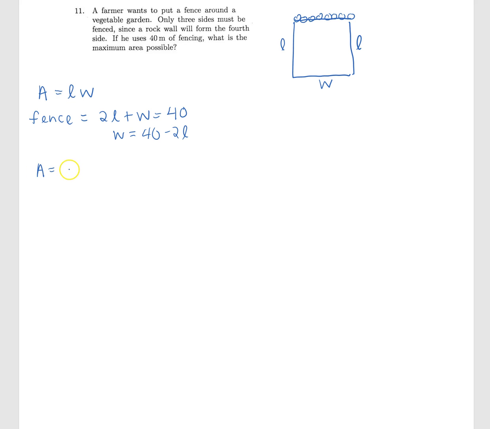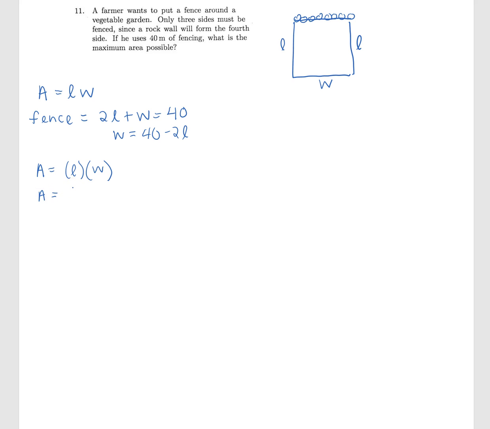So area equals the length times the width, because the area is what we want to find the maximum of. So this is the equation we actually want to get to look like a function. So I want to get rid of one of the variables here, and I'm going to plug in this expression for W in for W here.